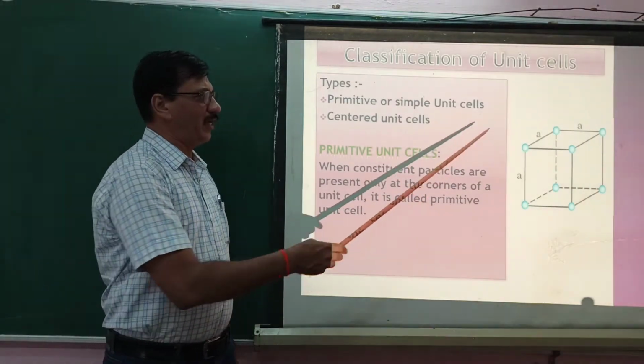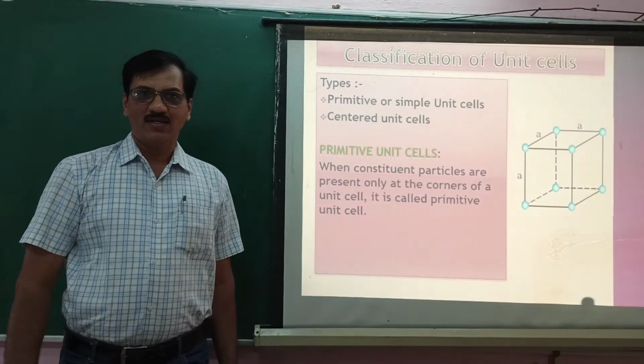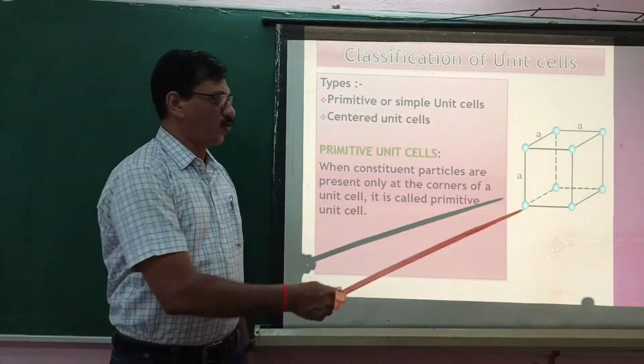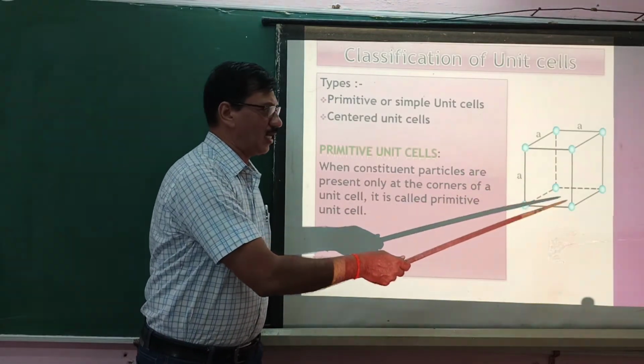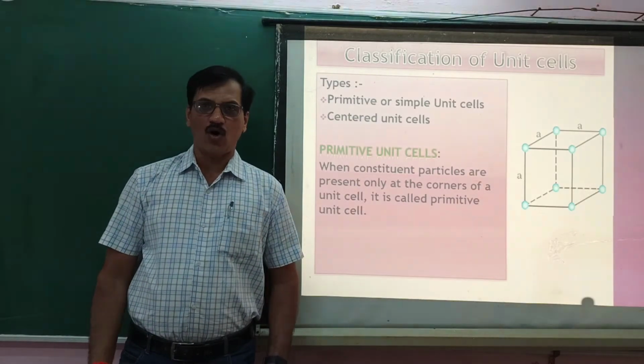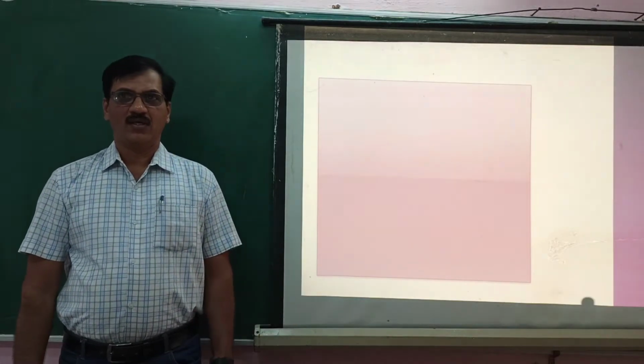Primitive unit cell means constituent atoms are at the corners of a unit cell. The smallest portion, that is the unit cell, in which constituent particles are present only at the corners, is a primitive unit cell.